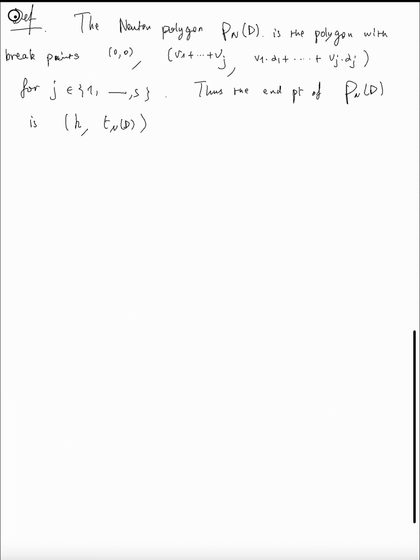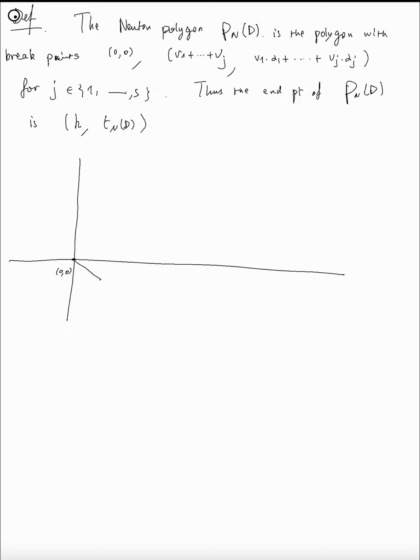And so we draw a picture, which means we have starting 0, 0, and then slope from small to big. So at the beginning it's negative, and then it becomes closer and closer to 0. At some point it becomes positive, and finally it reaches the point h, tN of D. In the middle, this is v1, slope alpha 1.